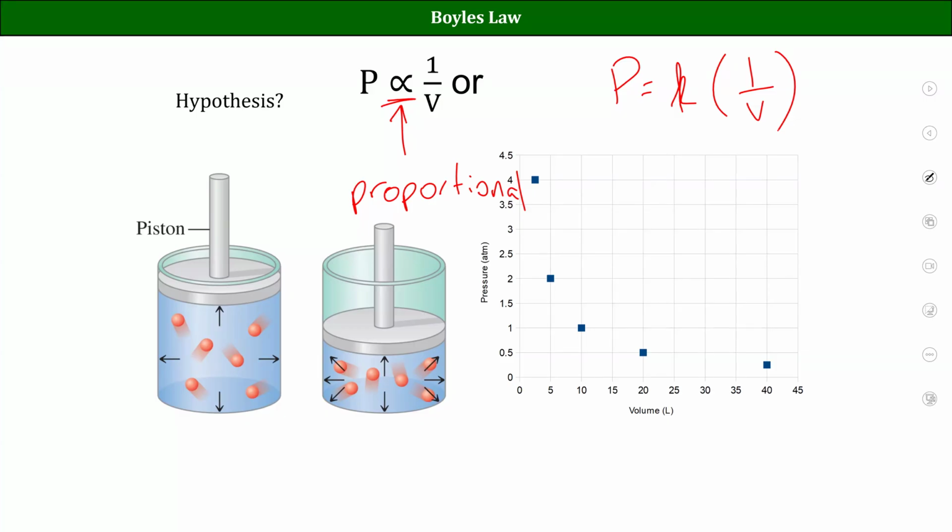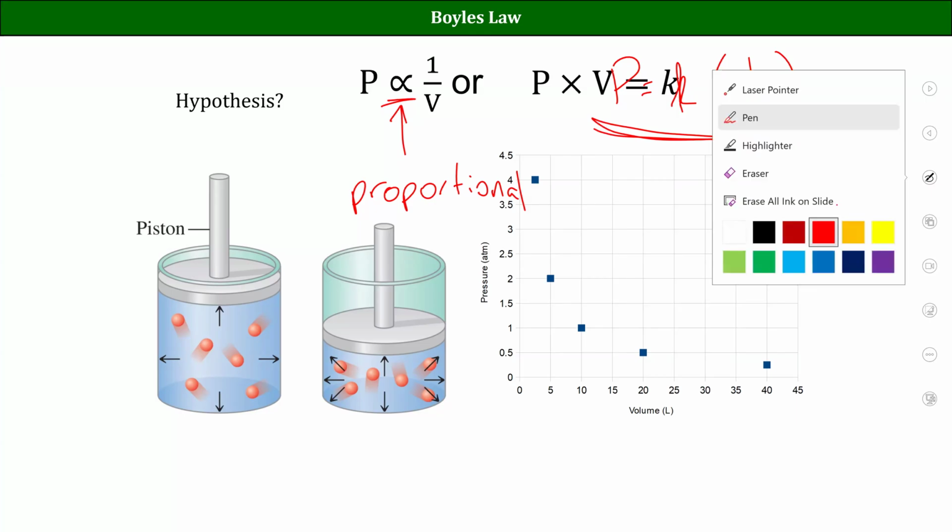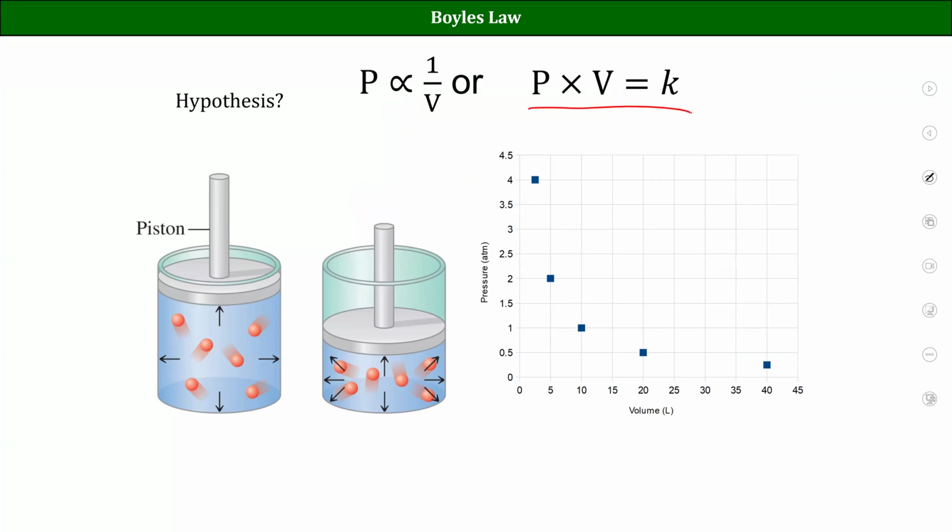Right? The reason I'm using this symbol instead of just saying is equal to is because this actually gives us an interesting math relationship here. We say that pressure is equal to some constant times 1 over volume, for any closed system of gas. Then we can rearrange that to look like this. Pressure times volume is equal to a constant.